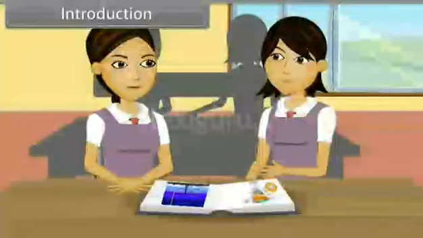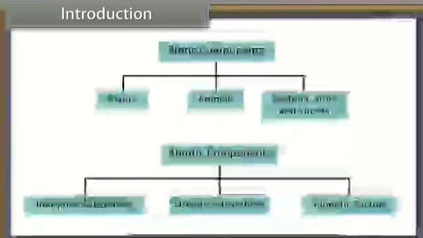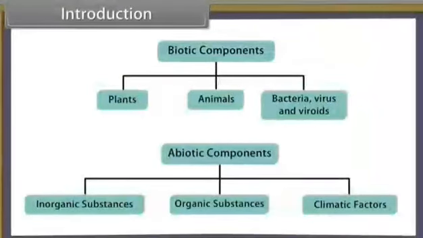So we can say biosphere is formed mainly of two components: biotic components, all living things; and abiotic components, air, water and the soil.